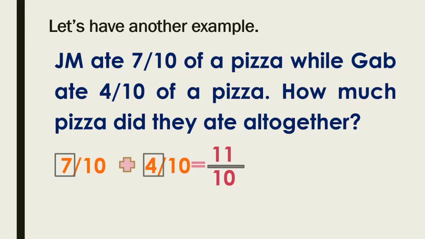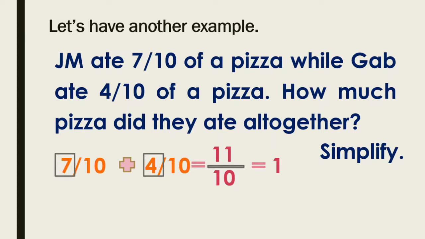So 11 over 10 is what kind of fraction? Yes, it is an improper fraction because the numerator 11 is greater than the denominator 10. So what do we need to do to simplify this one? We need to divide the numerator. Divide 11 over 10. How many 10 goes into 11? 1.